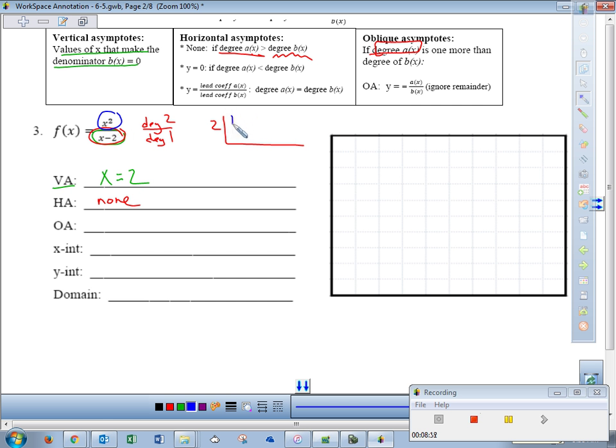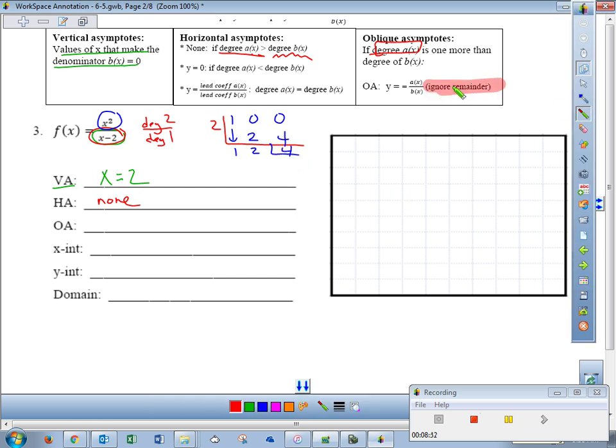There is 1 for the x squared coefficient. There are no x's, and there are no constants. Remember, if it's a second degree polynomial, there better be 3 ingredients in there when you synthetically divide. So now you start doing synthetic division. 1 comes down, multiply, 2 comes down, multiply, you get a 4 over here, and you get a remainder of 4.